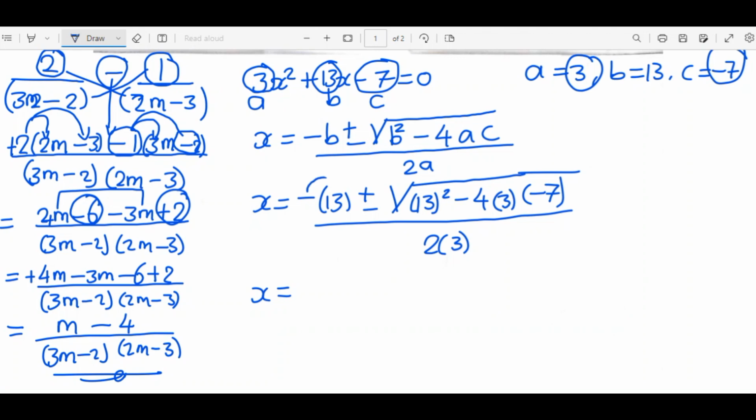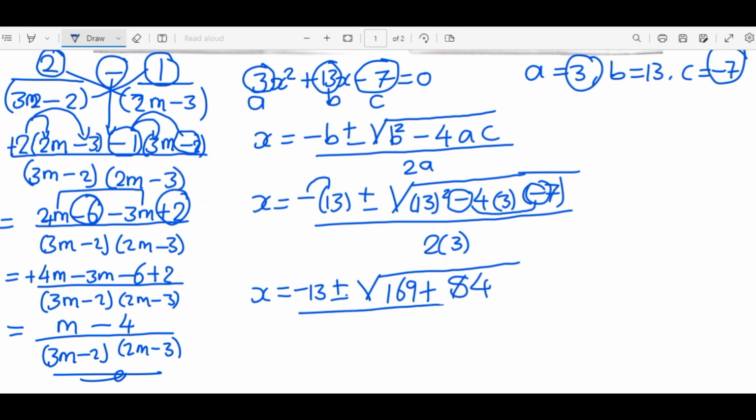Negative times positive 13 is negative 13, plus or minus 13 squared will give us 169. Now this negative should be multiplied by this negative, then here we are going to have the positive side. So 4 times 3 times 7, I'm getting 84, divided by 2 times 3 is 6.